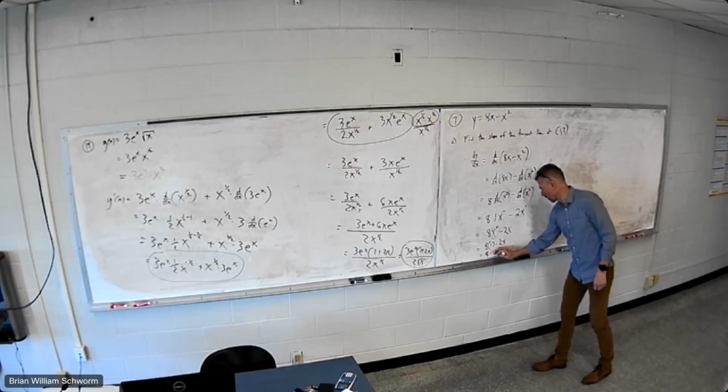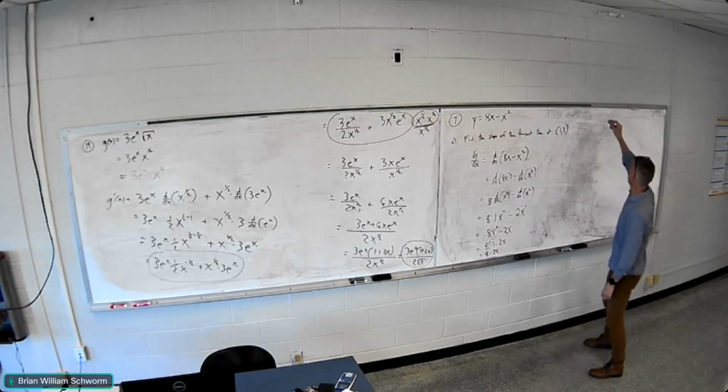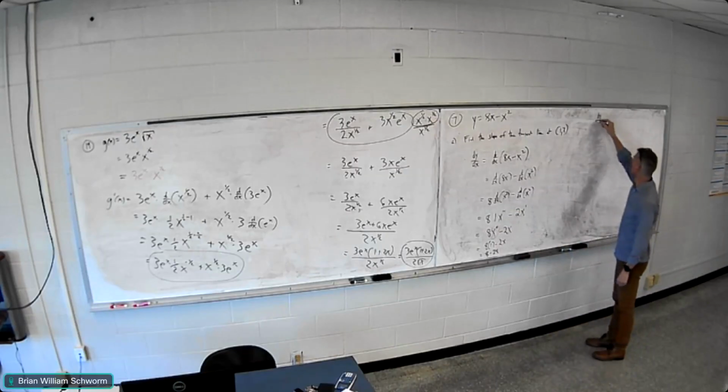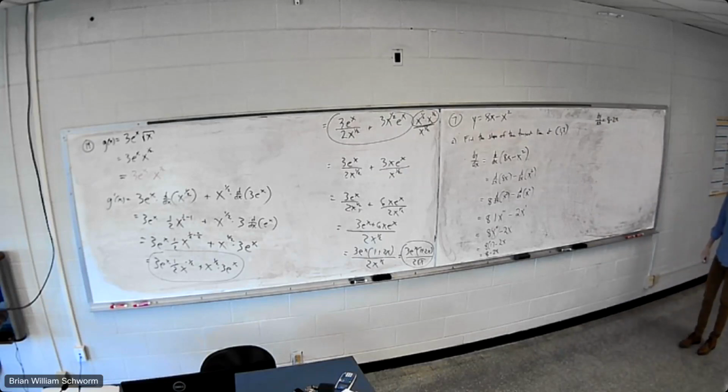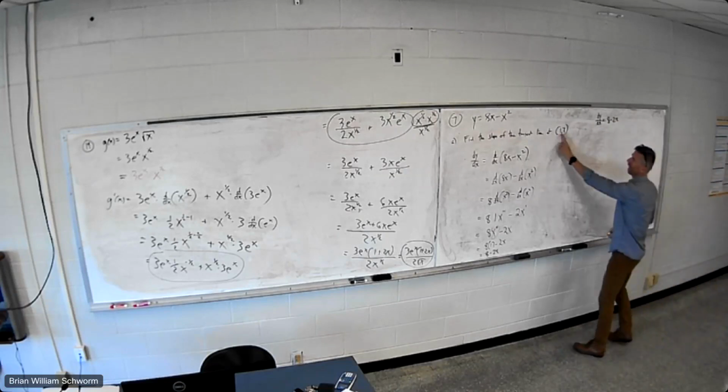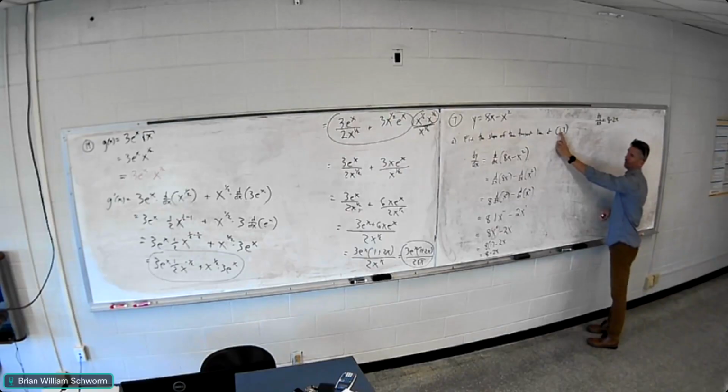8 times 1 is 8. So I get 8 minus 2x. So the derivative in general is 8 minus 2x. But now I need to evaluate that when x is 1.